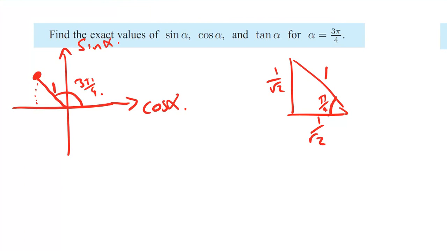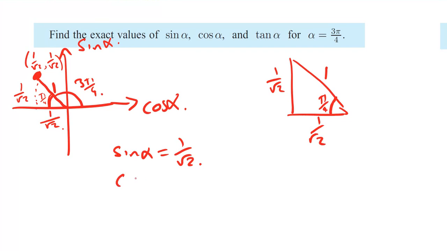So if I know that unit circle and I know that I've got pi over 4 there, then I know how long that opposite is. That's going to be 1 over root 2. And I know that this length here, this adjacent, is going to be 1 over root 2. So I've got this coordinate point here being (1 over root 2, 1 over root 2). And that means that sine of the alpha angle is 1 over root 2.